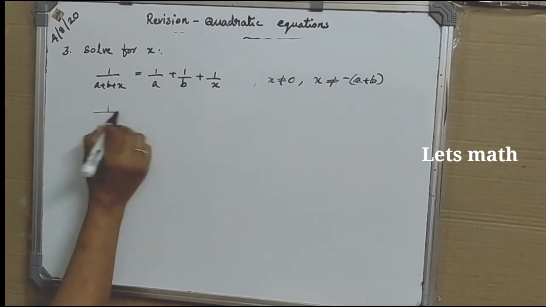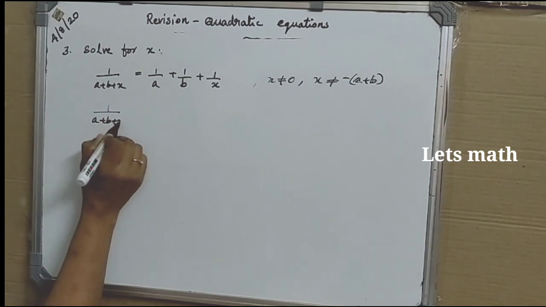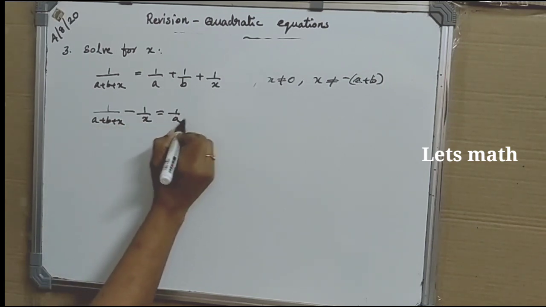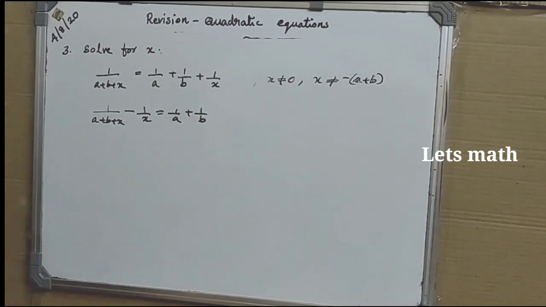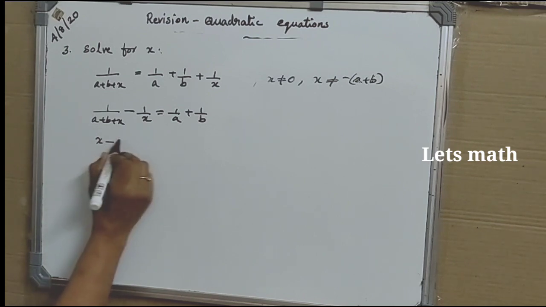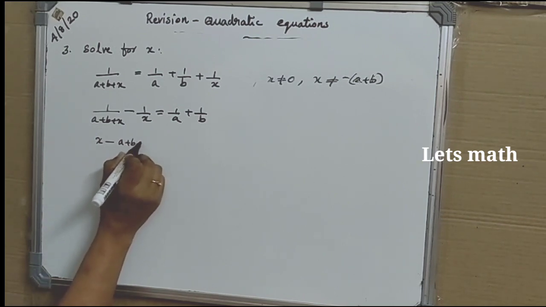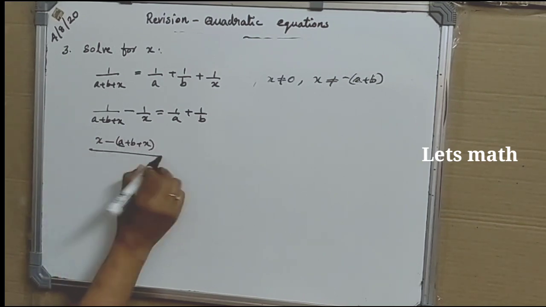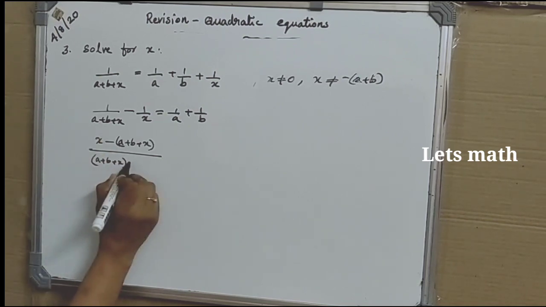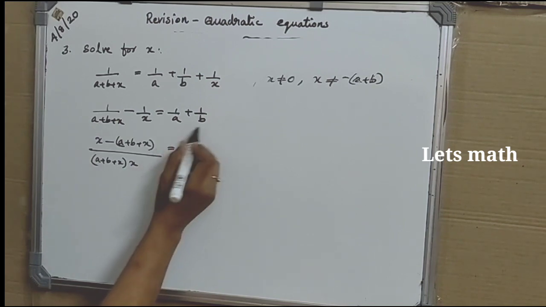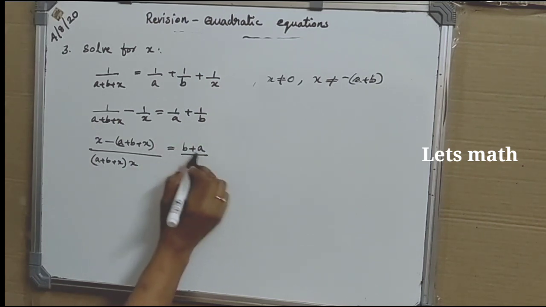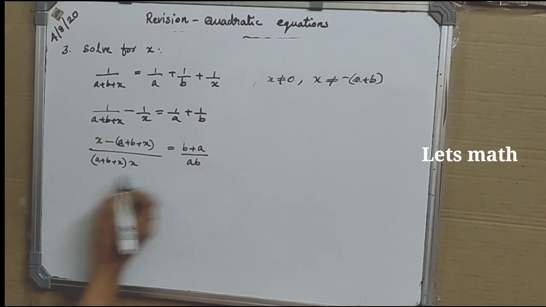So 1 by a plus b plus x minus 1 by x equal to 1 by a plus 1 by b. Now let us do cross multiply. X minus a plus b plus x divided by product of the denominator, and here also we do cross multiplication. 1 into b, 1 into a, b plus a divided by ab.